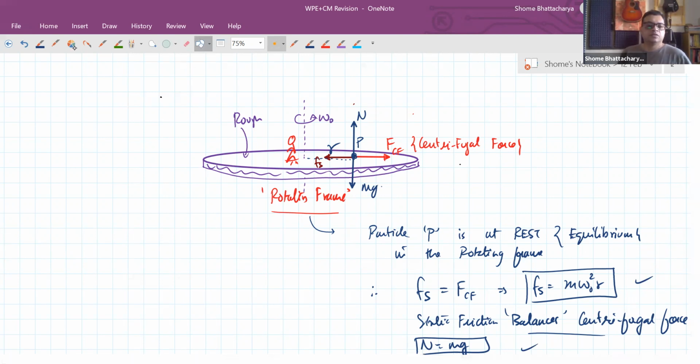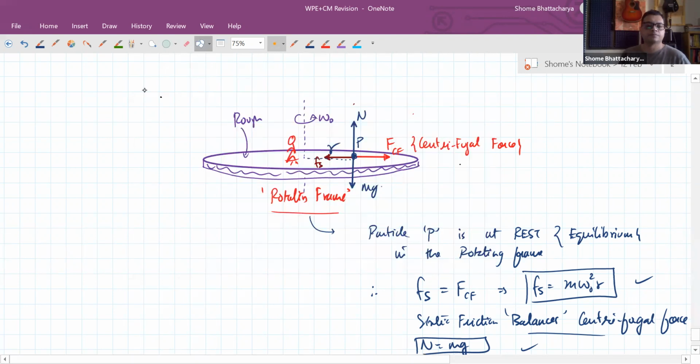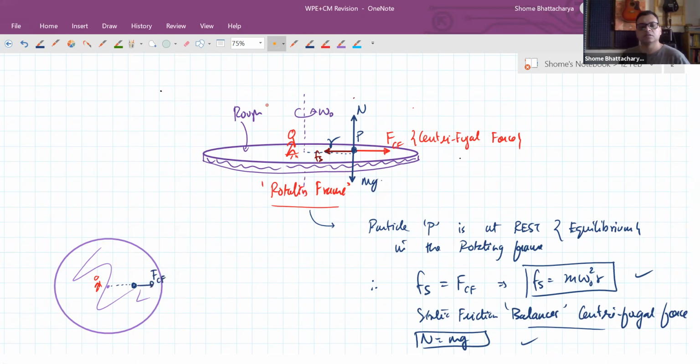So same thing when you're looking at this from the top view. But now, because you're part of the rotating frame as an observer, you're not seeing the object in circular motion. You are part of this frame. So in your frame, the object is at rest. So it's at rest because the centrifugal force acting on it is balanced by the static friction. So it remains at rest. And of course, normal reaction and weight are balancing each other.